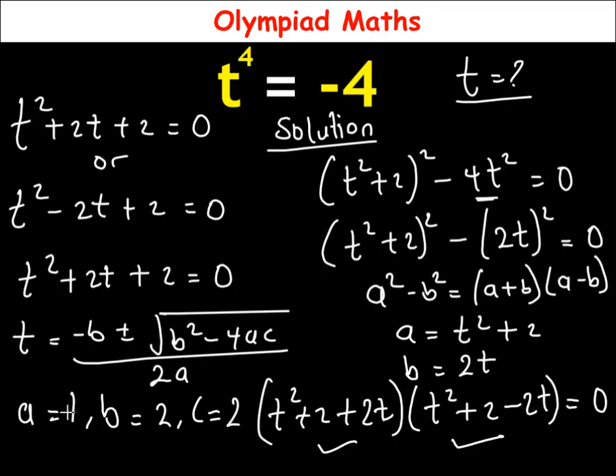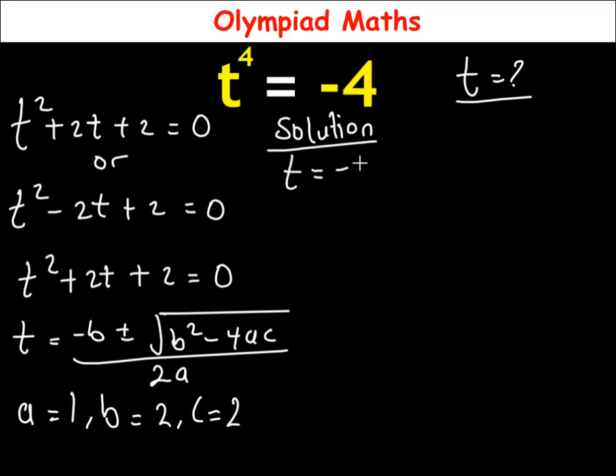Now, we're putting the value of a as 1, b as 2, and c as 2 into the equation. Let's then solve for the value of t. So, t is then equal to minus (2), that is, b is 2, then plus or minus the square root of b squared.